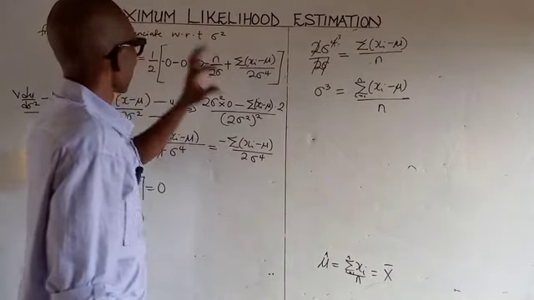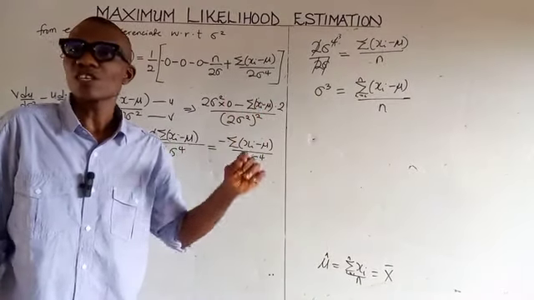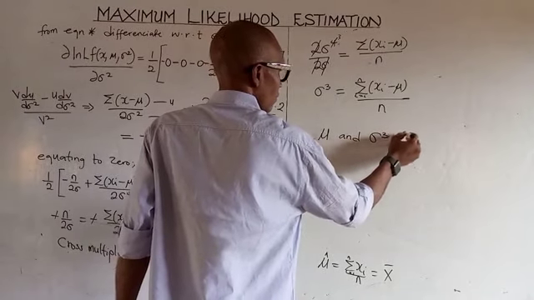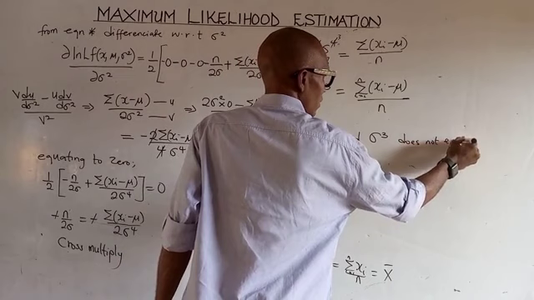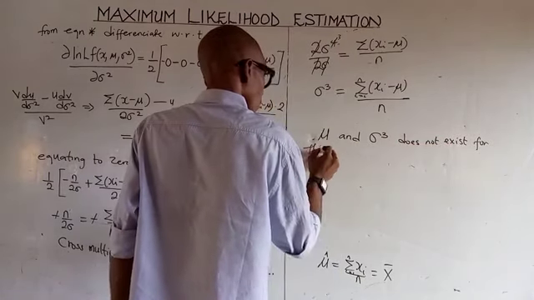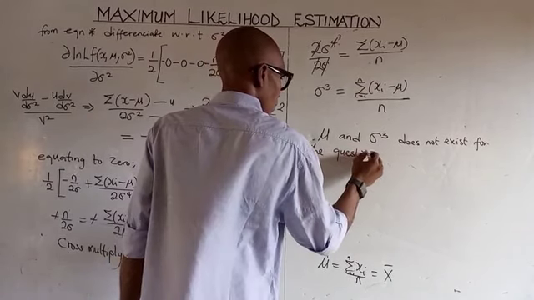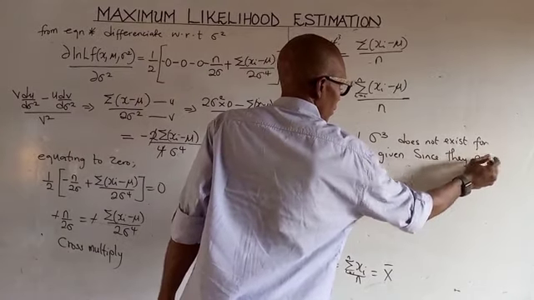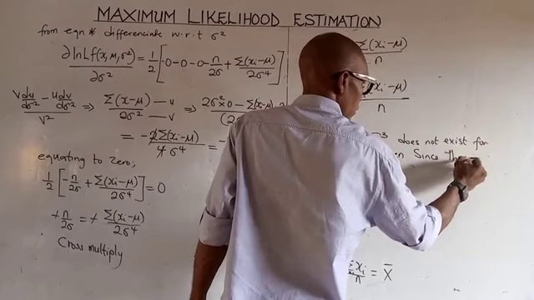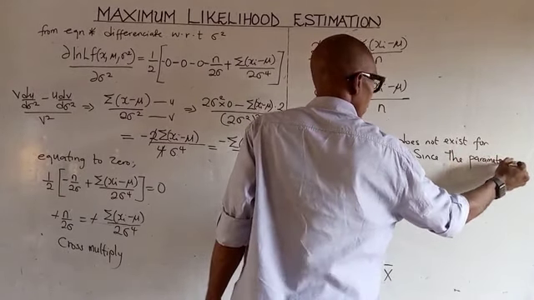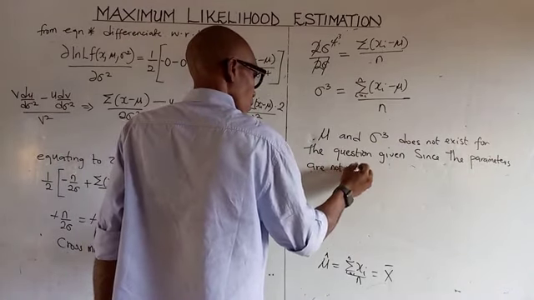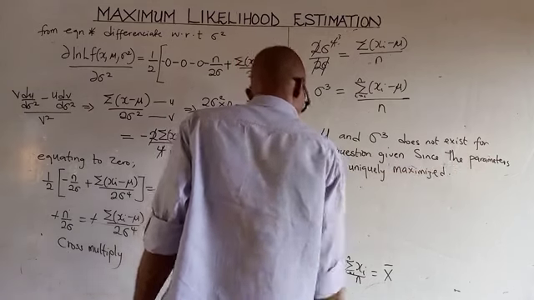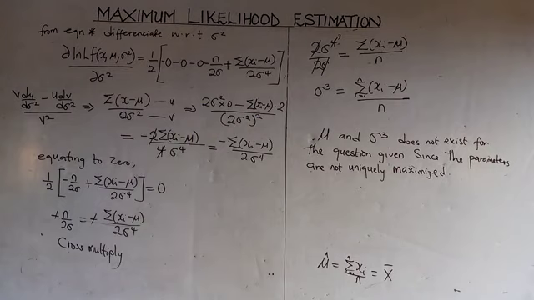The maximum likelihood estimation for the equation given does not exist, since the variance does not have a closed answer, meaning that mu, sigma cubed does not exist for the equation given, since the parameters are not uniquely maximized.